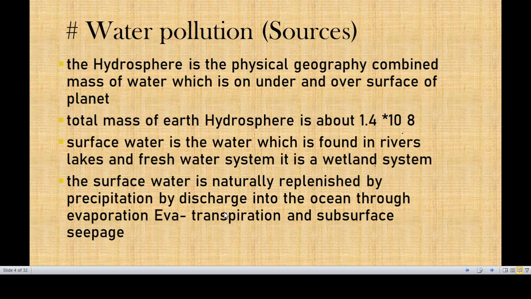As a result, the fresh water present is only about 0.3%, of which 87% is in the lakes, 11% in swamps and only 2% in rivers. That means one can understand very clearly that this surface water is very important from the point of view of our planet also.